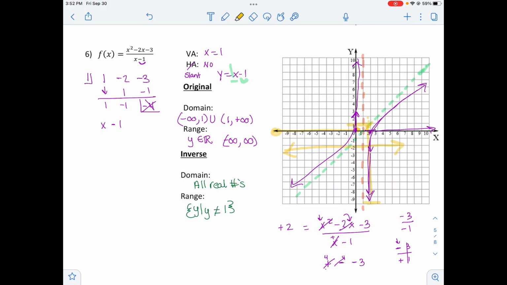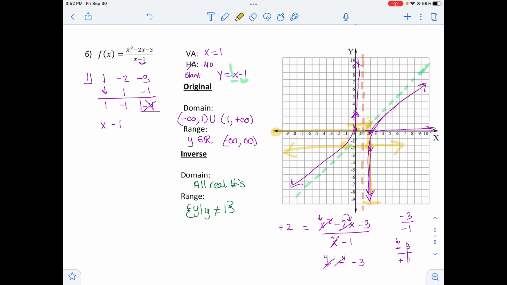But if we notice here, we're hitting here and we're hitting here at the same exact time, so it is not a function because this is not a one-to-one. So you would actually have kind of a crazy looking graph if you try to do an inverse with this, because you're going to have two separate answers, so it's going to end up making a crazy picture.